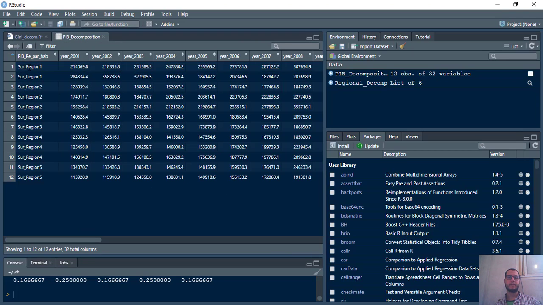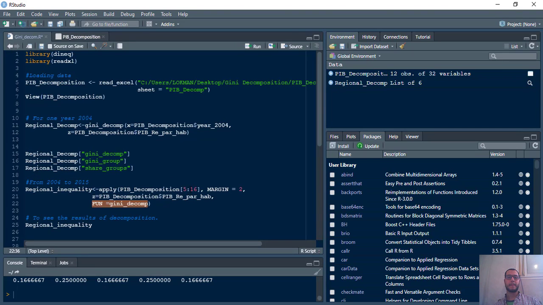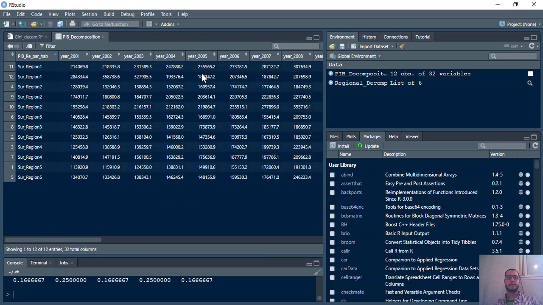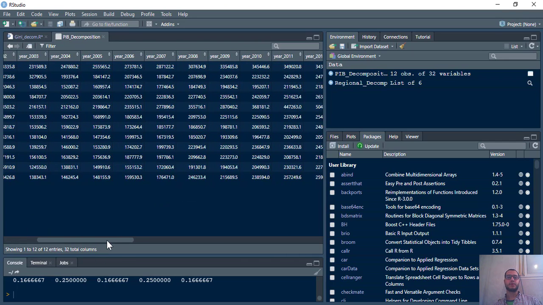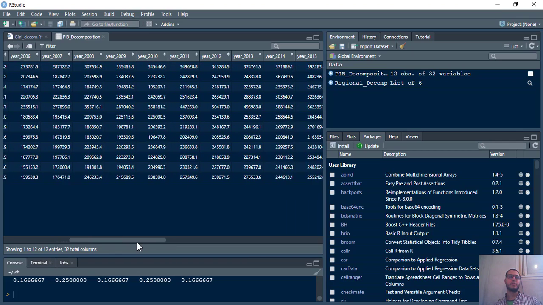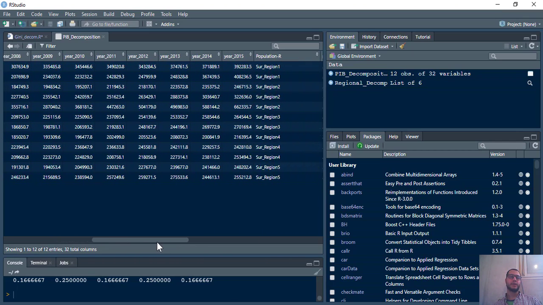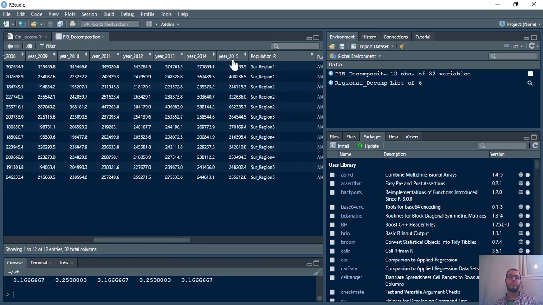This is column 5, 1, 2, 3, 4, 5. It starts from year 2004 to column 16. This is column 16.